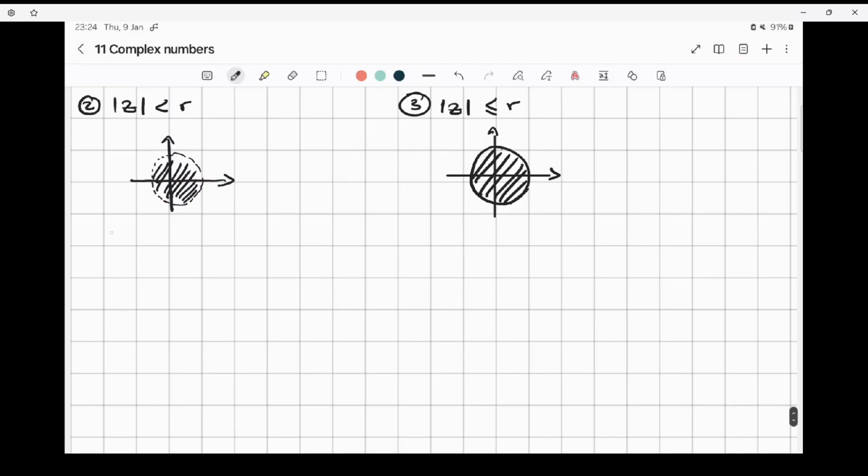So in this case, we can do the same thing. So basically, let's say, point number 4. You can also have modulus of z minus some point z1 equals to r. So in this case, I will let z1 equals to a plus bi, for example.